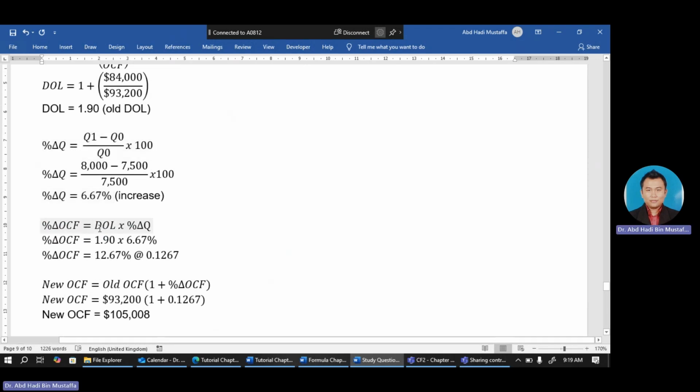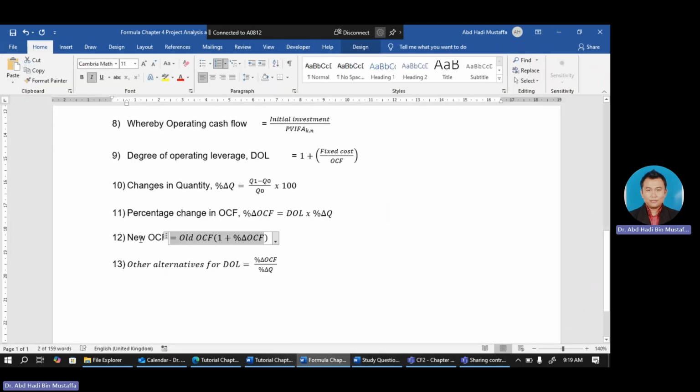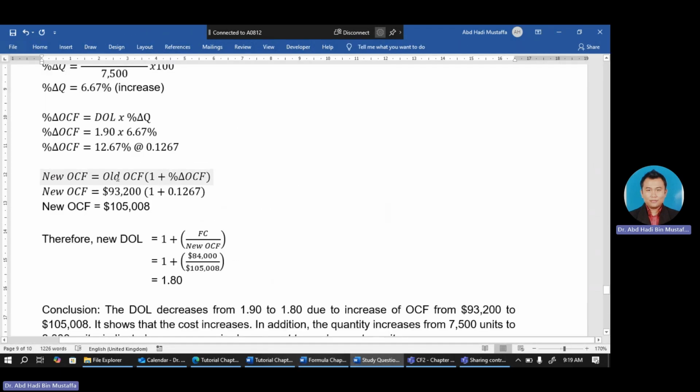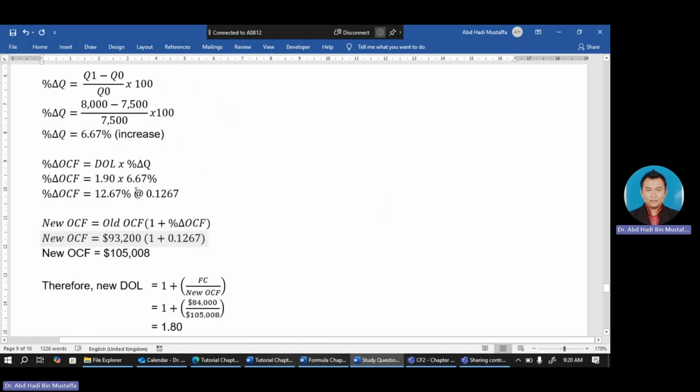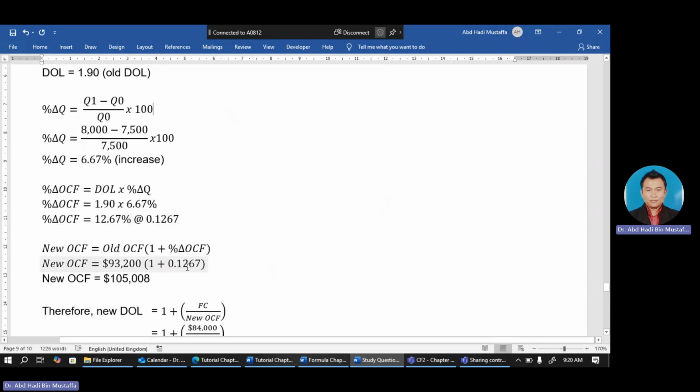Percentage change of OCF equals to old DOL kali dengan percentage change in Q. 1.90 yang you dapat kali 6.67. So you dapat 12.67 or 0.126. And then kemudian after that you need to find new OCF, formula nombor 12. OCF lama multiply by 1 plus percentage change in OCF, 93,200 yang lama tadi, kali dengan 1 tambah. Sebab ni positif, so kena tambah.